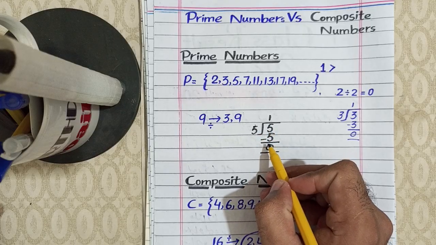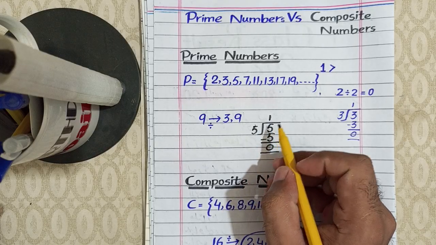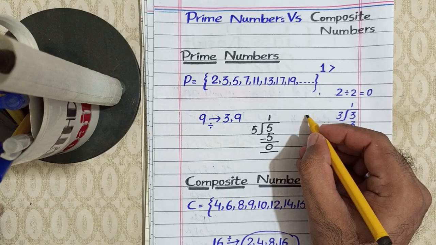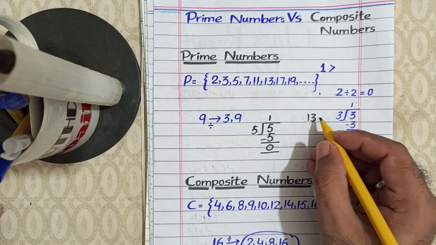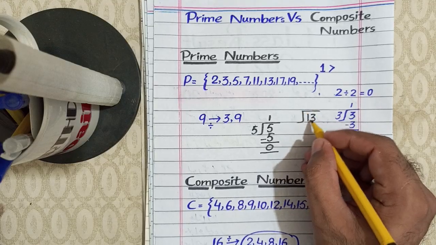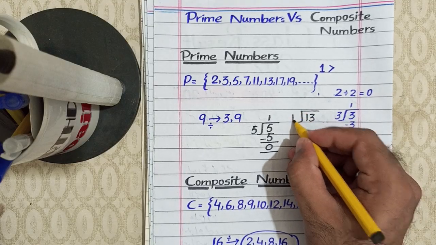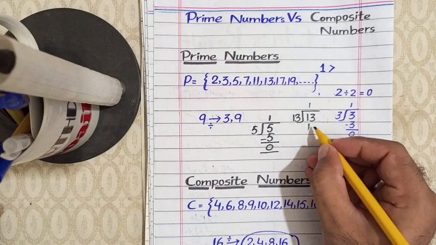And another number is 13. 13 is also a prime number because if we divide 13 by 13, our remainder is 0.